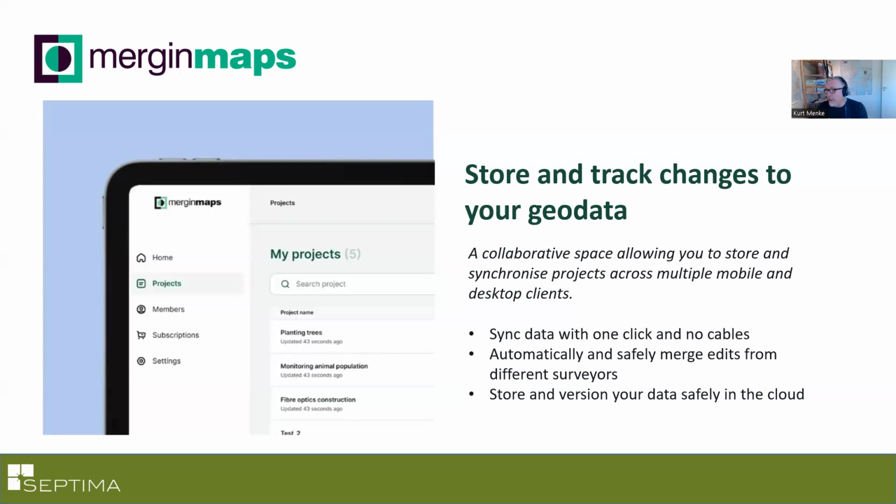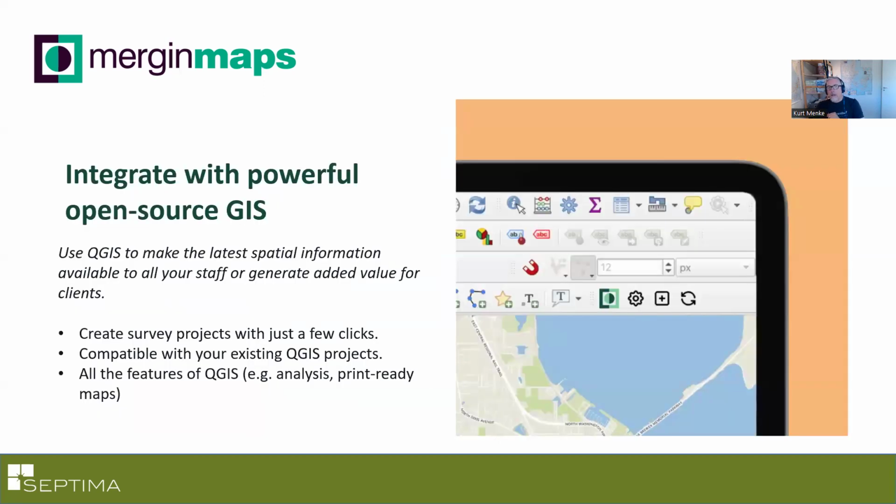You can have a survey team that has access to this project, and you can set what kind of access different team members have: if they can read data, write data, or if they're the project owner. So we can look at that as well. And obviously it's integrated really well with QGIS. So if you're using QGIS in your office, it makes a lot of sense to try out Mergin Maps and see if it's a good solution for your data collection needs.